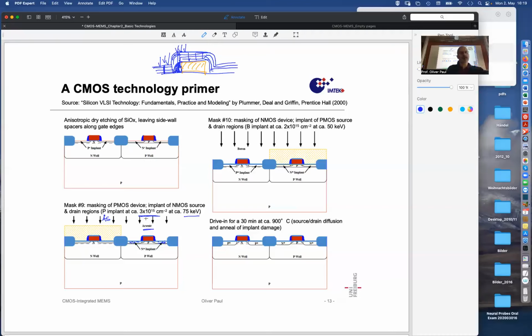And when you calculate how dense 3 times 10 to the 15 per square centimeter are when distributed over half a micron, you can calculate that the concentration will be high, something in the region of 10 to the 19th or 10 to the 20th. So here we have this strong dopant concentration, and then we still see a little bit of this tail of the lightly doped drain.